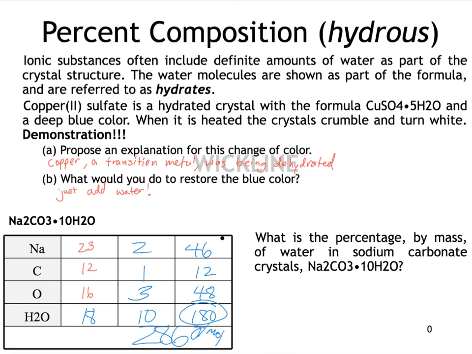So I was able to find that this molecule will have a mass of 286 grams per mole, but my real charge here is to determine the percentage by mass of water in the sodium carbonate. So I only want to know the mass of the part over the mass of the whole times 100. And the part here is water, so that's 180. The whole is the whole thing, or 286. And I need to multiply that by 100 to get a whopping 63%.